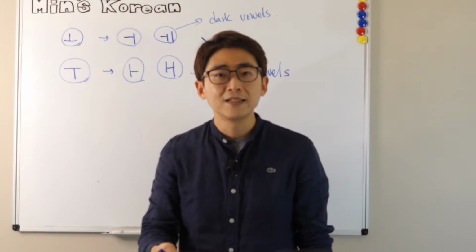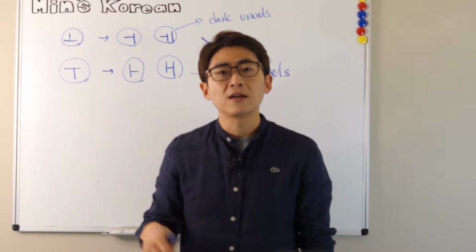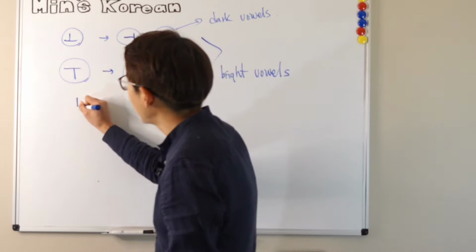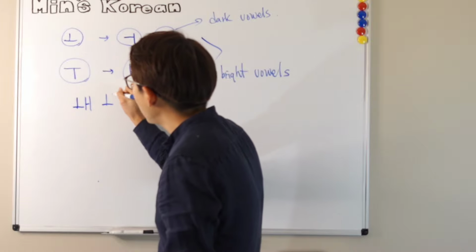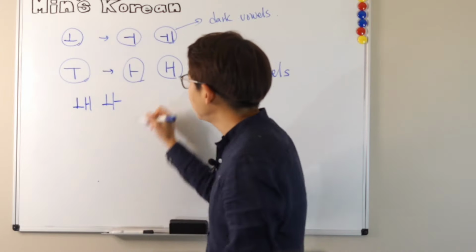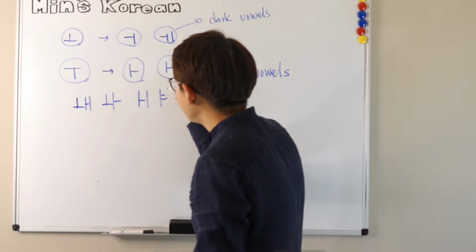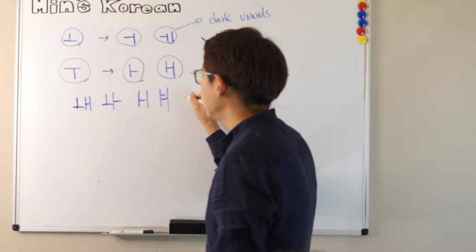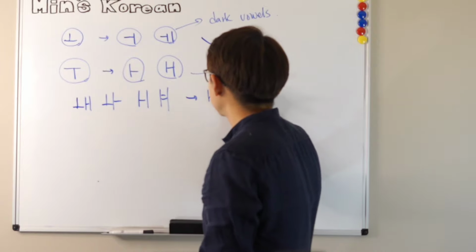So in Korean, two vowel symbols are called bright vowels. And since the vowel symbols such as wa, we, and ye all derived from them, they are also bright vowels.